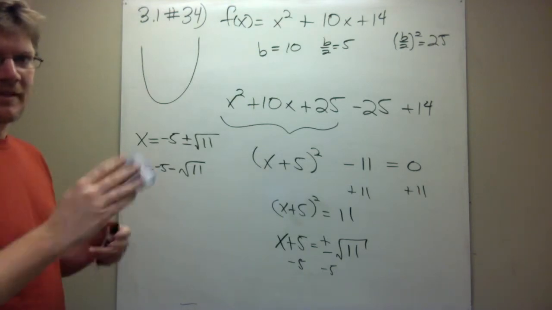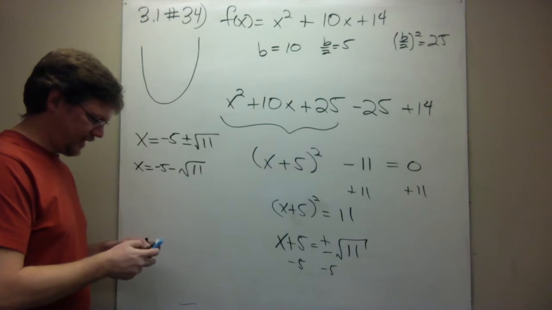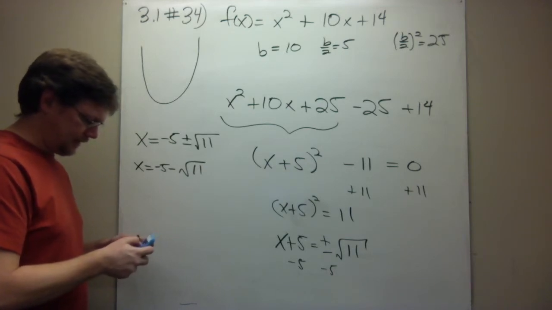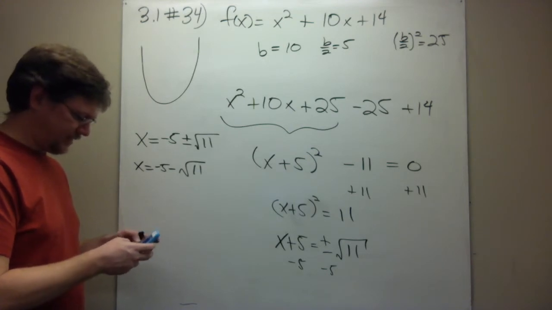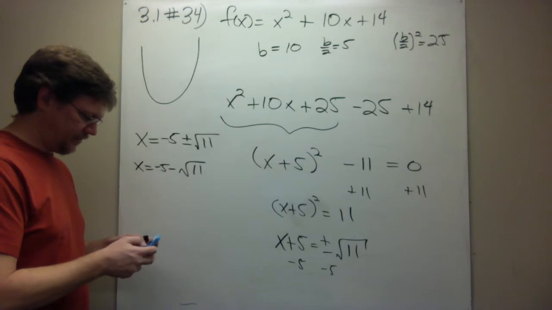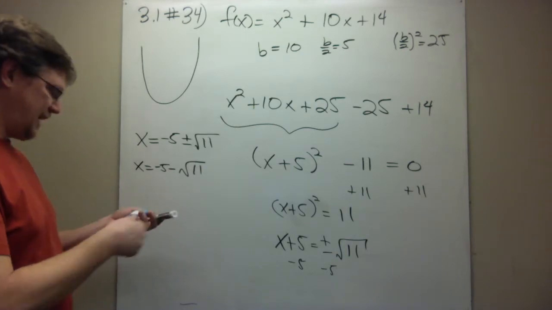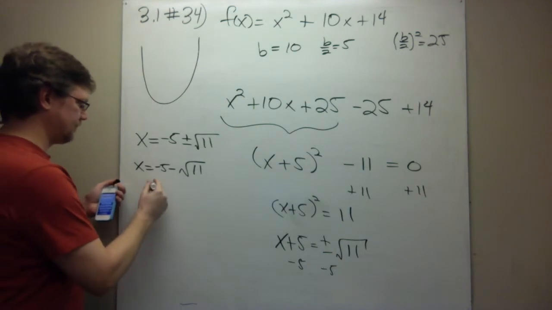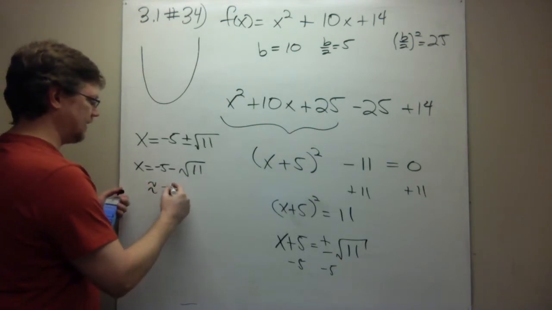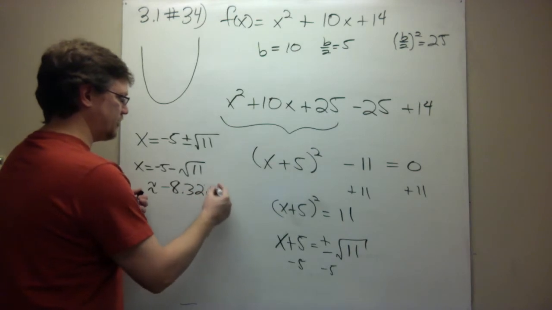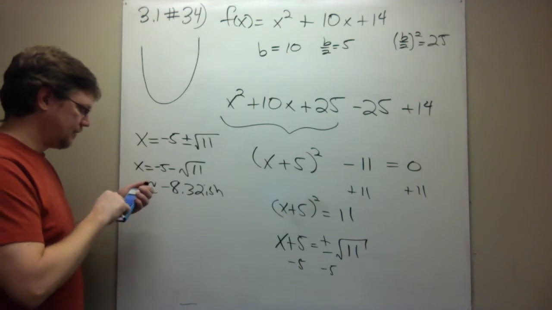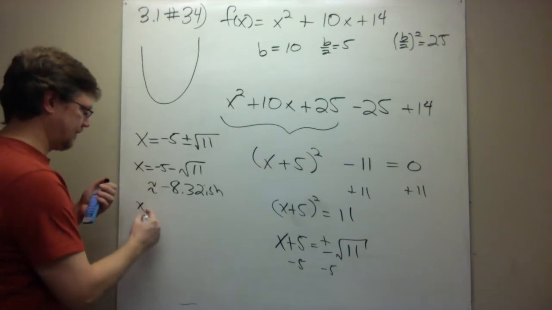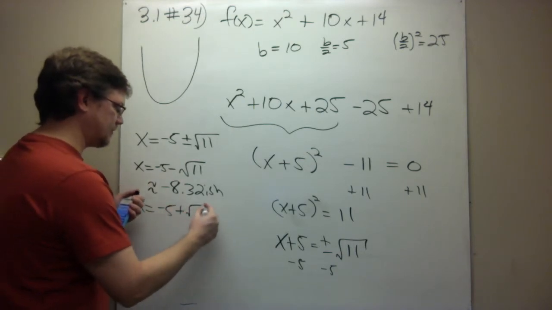Numerically, let's pop out Wolfram Alpha and see what we get. Minus 5 minus square root of 11. This is about negative 8.32-ish. Okay, and the positive side, minus 5 plus square root of 11.